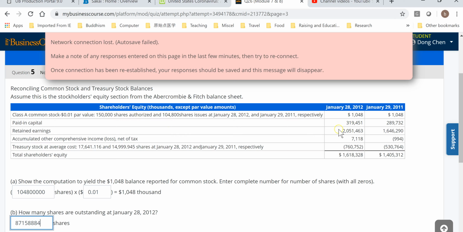Notice here, in order to get the price, we don't have to put this in dollars. Now everything is in thousands of dollars because the shares are also in the thousands of shares.